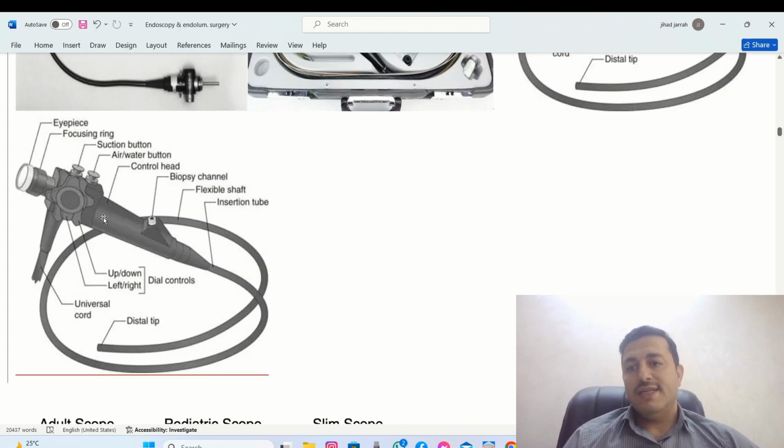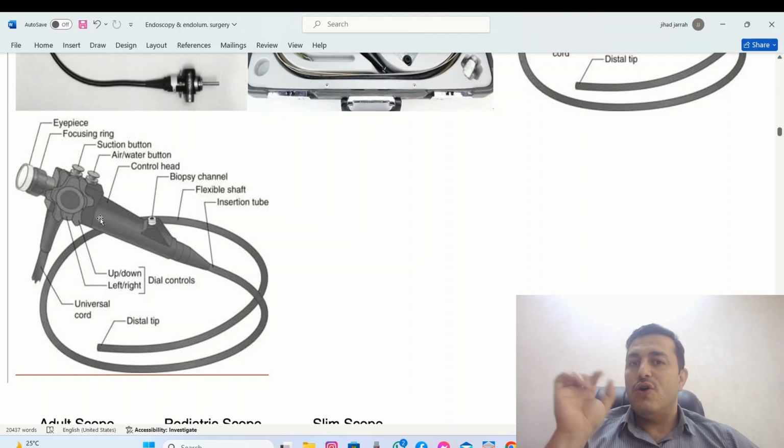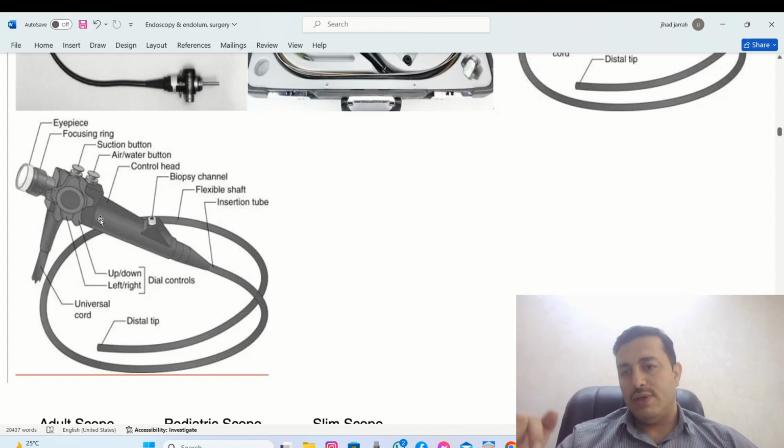This is a control head. Actually, here we have a ring with which we can control the stiffness of the scope. So if there is a certain part in the colon where the scope is extremely flexible, we can control the stiffness. I will show it to you in the next few minutes.